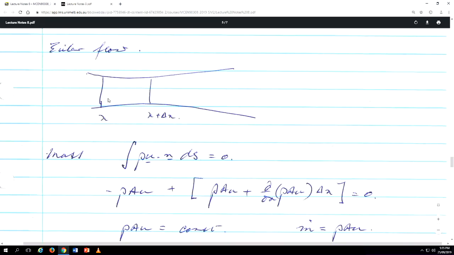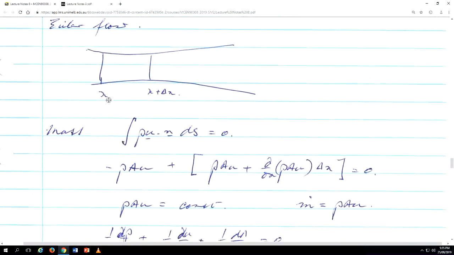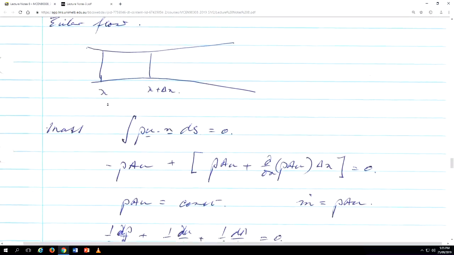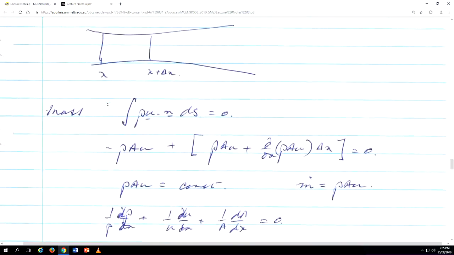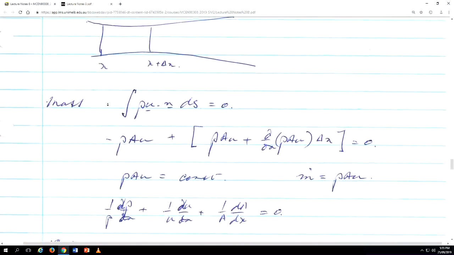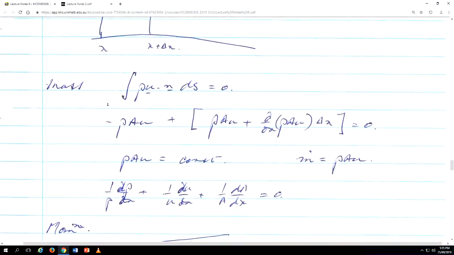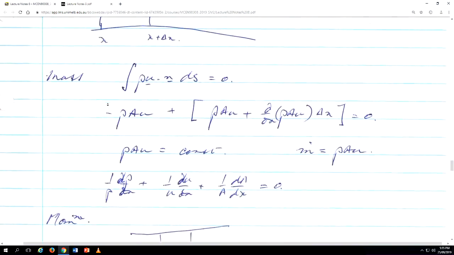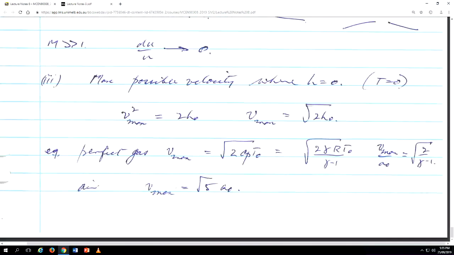Uniform, one-dimensional flow. All right. So you could do this with your hands tied behind your back. I've got to work out mass, and that's going to be the integral over that control volume of rho u dot n ds. And this is steady flow.